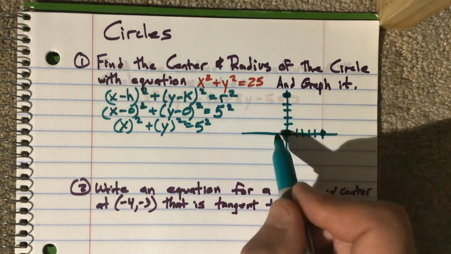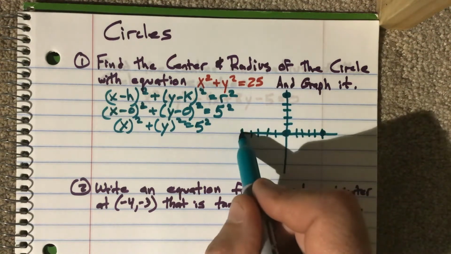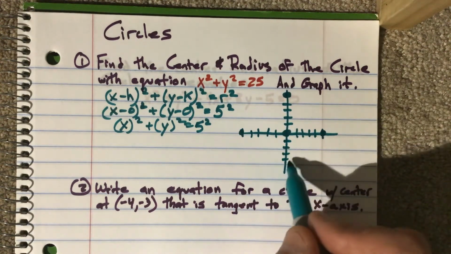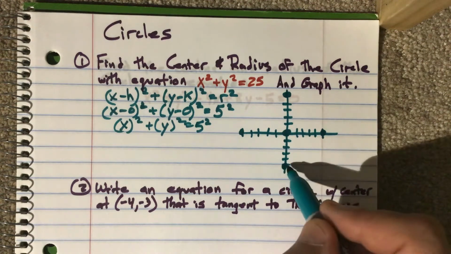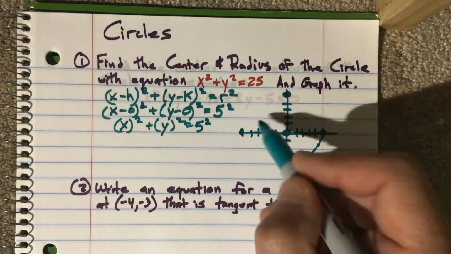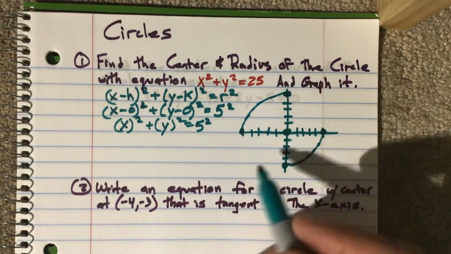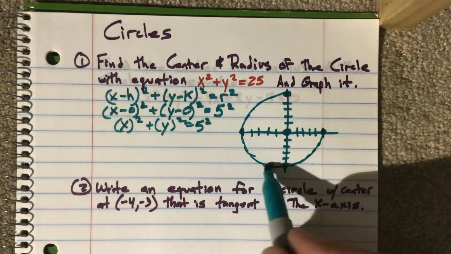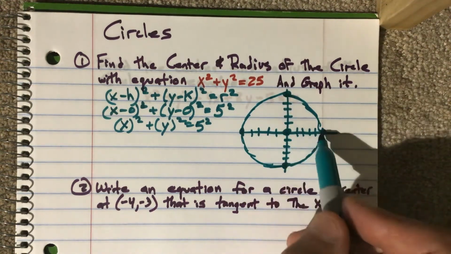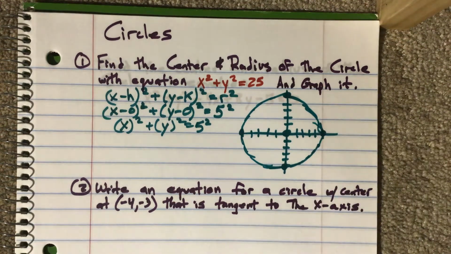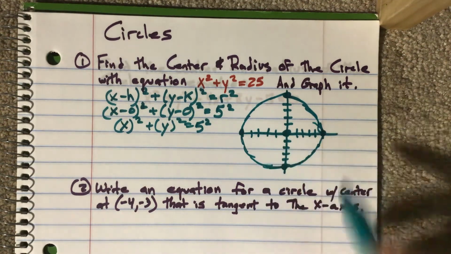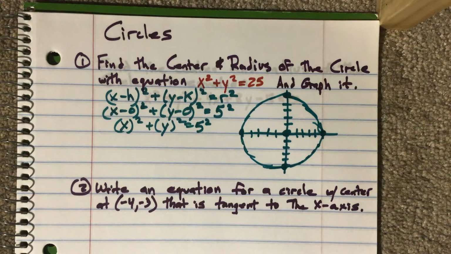That's a point on the circle. And we just, as best we can, could use a compass. It would make it a little nicer, but let me just draw this circle. That's not a great circle, but that'll be good enough for our purposes.